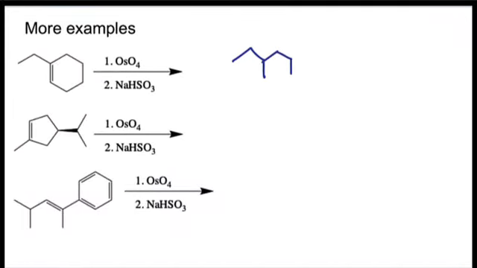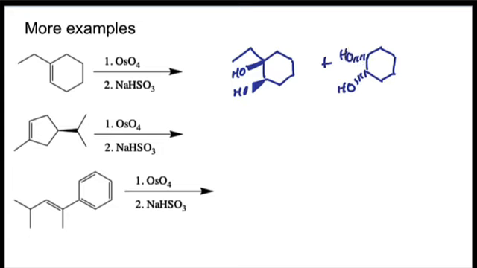And a few more examples here. We've got, in this case, the possibility for OH groups to add on the same face, wedge, and with equal likelihood they could add to the same face, dash.